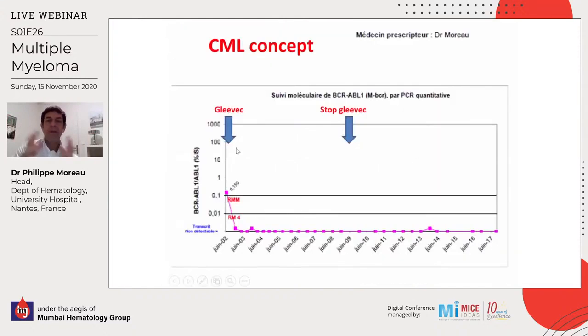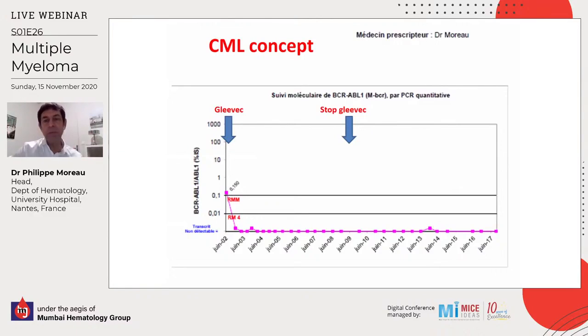We would like to have, in fact, with multiple myeloma, the same concept that we have in CML. This is one of my patients, I treated him with Glivec a long time ago, in 2002. He reached MRD negativity during a very long period of time, 7 years. I stopped Glivec, and you see that 10 years later, the patient did not relapse, with a sustained MRD negativity. But multiple myeloma is not CML. That's a very heterogeneous disease. We don't have a single mutation.